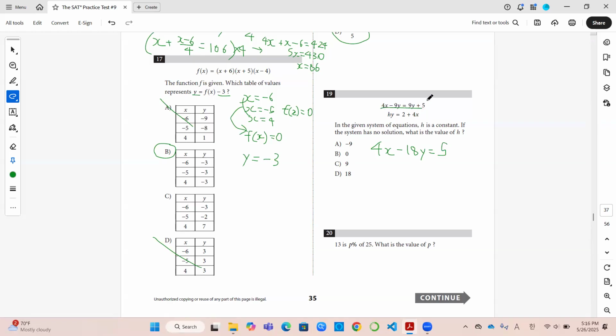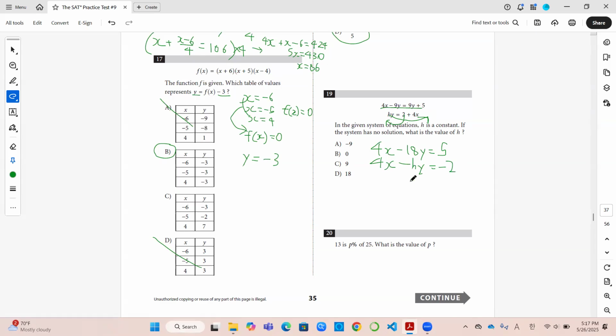Now for this one, I'm going to bring this guy to the left, and I'm going to bring this guy to the right. So it becomes 4x minus hy is equal to minus 2.